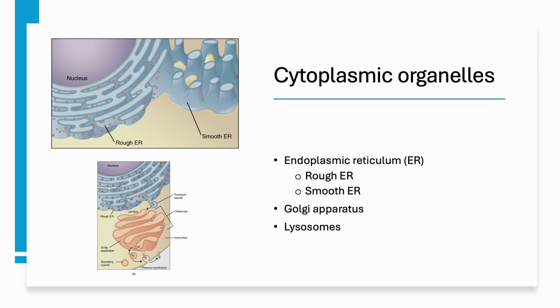Rough is covered in ribosomes that work as the site of protein synthesis, which is all the little dots. And it wraps around the mRNA to start the process of translation, then to become protein synthesis. And smooth synthesizes phospholipids, the main component of biological membranes, as well as steroid hormones.